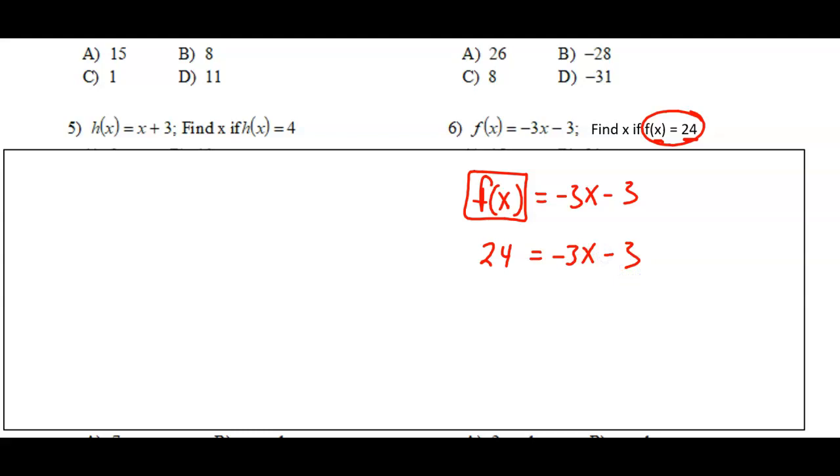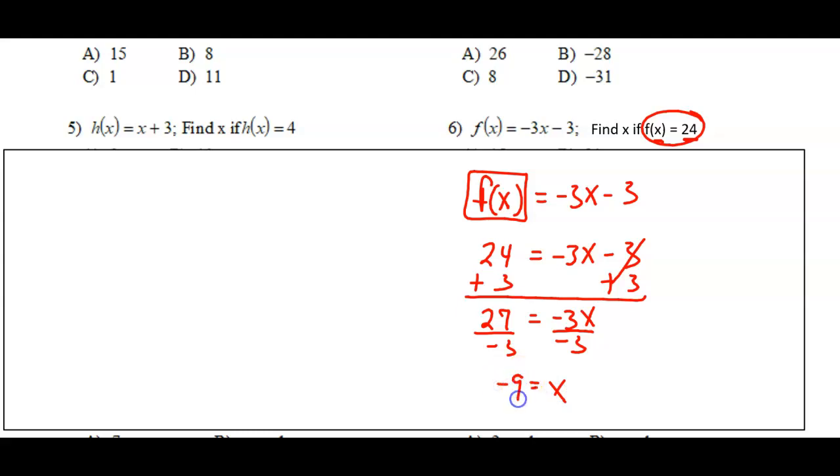For these ones, you have to go through and do some math to solve it as a result. So I'm going to have to add 3 first. And then I'm going to divide by -3. I'm getting -9.